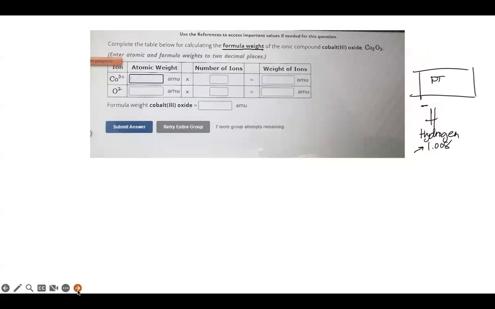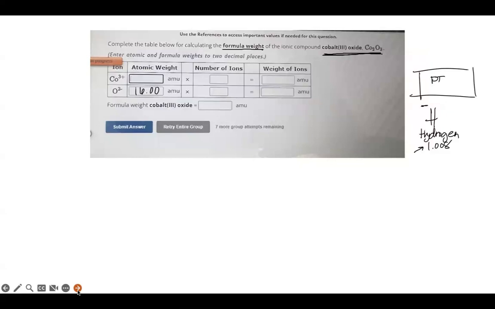So it's asking us to solve for the formula weight or the molar mass of Co2O3. I'm finding these numbers from the periodic table. The molar mass of O, or O2 minus, is 16 AMUs.